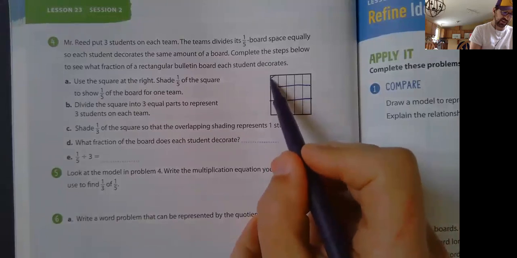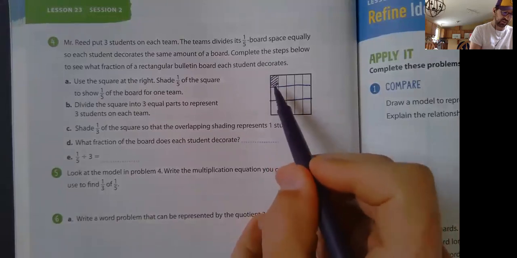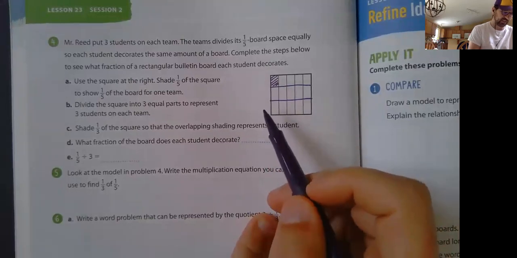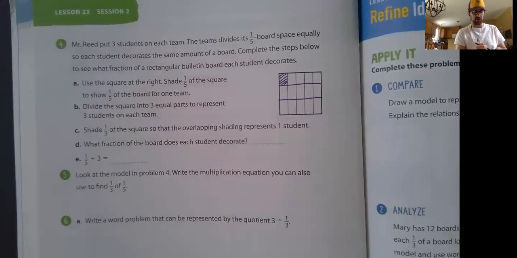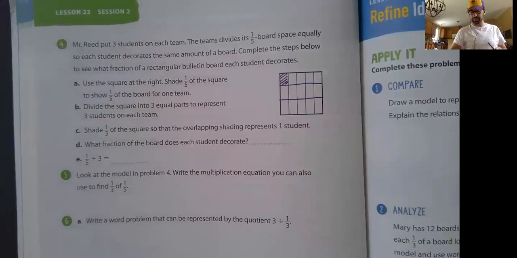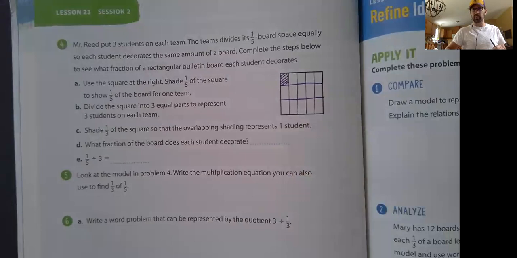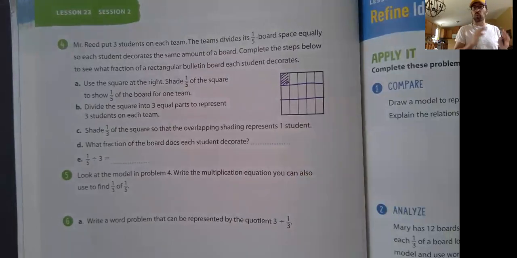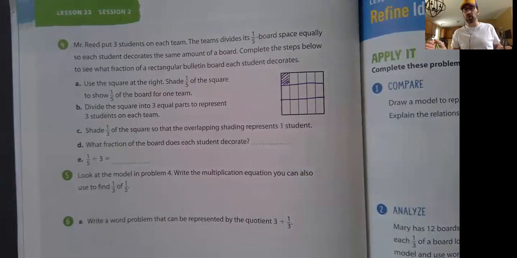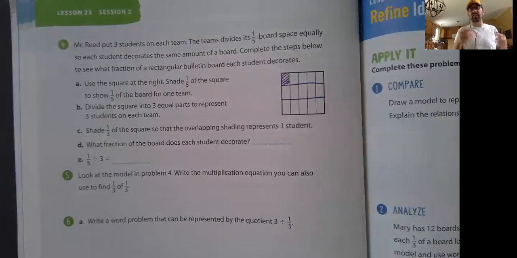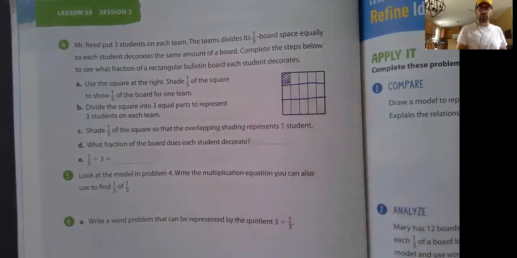So this area right here would show us the space that each student would get. Sorry, the value of one student's. Okay, remember when we divide, we are either finding the number of parts, the total number of equal parts, or finding the value of one part. Okay, so in this situation, we're finding the value of one part.